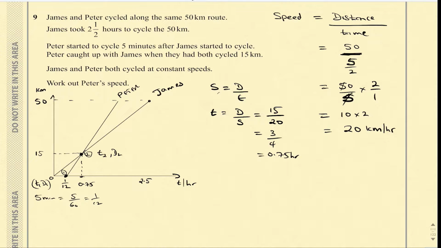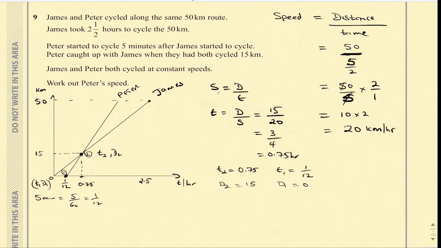Now, T2 is 0.75, T1 is 1/12, and D2 is 15, and D1 is 0.